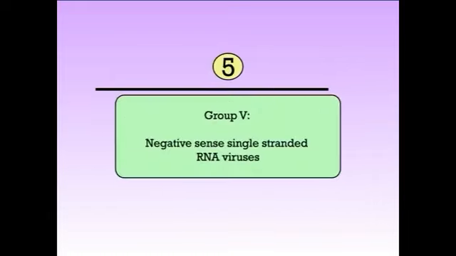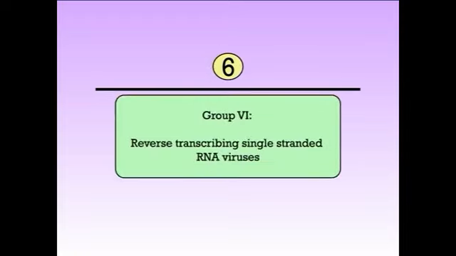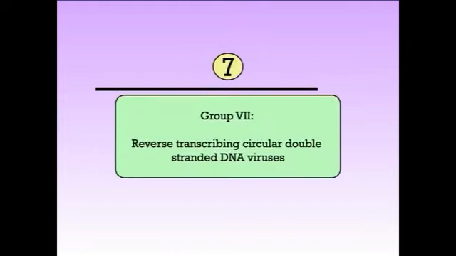Group 5 contains negative sense single-stranded RNA viruses. Group 6 contains reverse transcribing single-stranded RNA viruses. And finally, Group 7 contains reverse transcribing circular double-stranded DNA viruses.